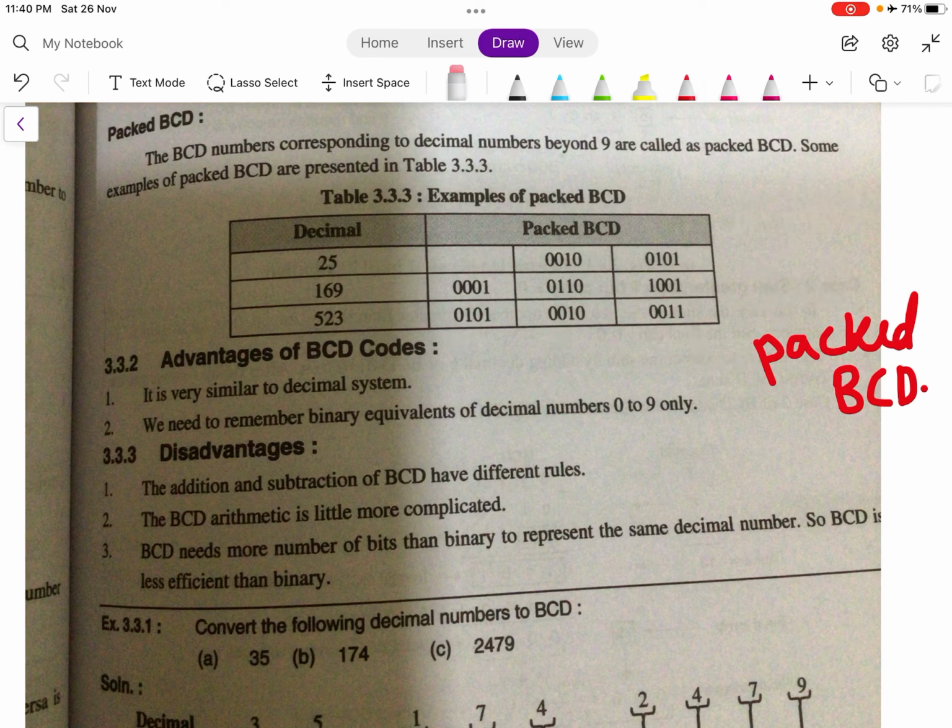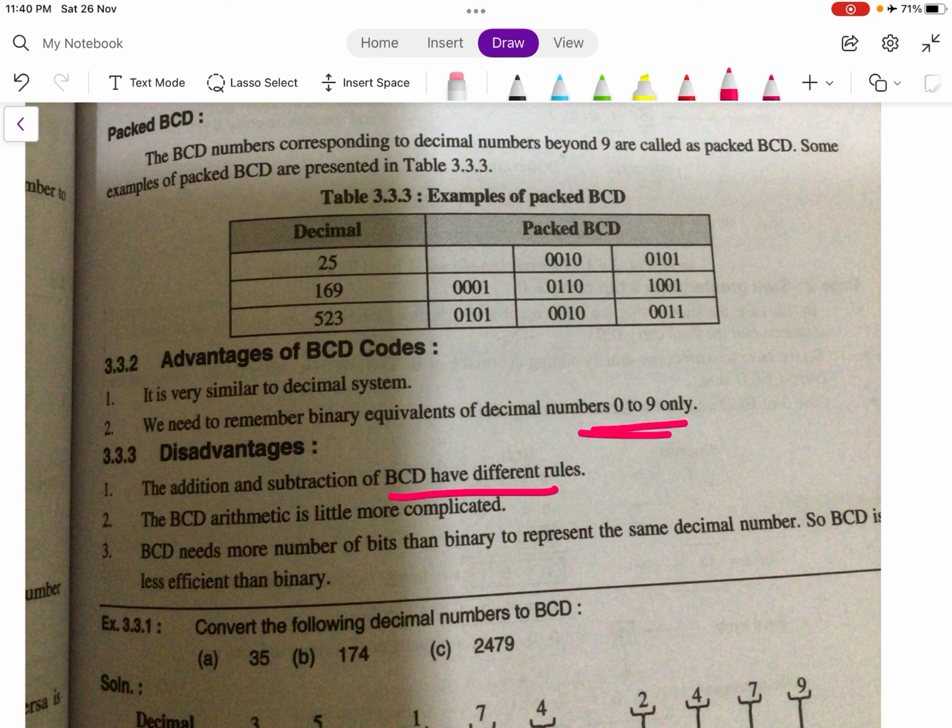Advantages of BCD code. It is very similar to the decimal system. We need to remember the binary equivalence of only 0 to 9. No need to remember the other equivalents. We can automatically generate the BCD code. The disadvantage is that the addition and subtraction of BCD have different rules. BCD arithmetic is a little bit of complication.